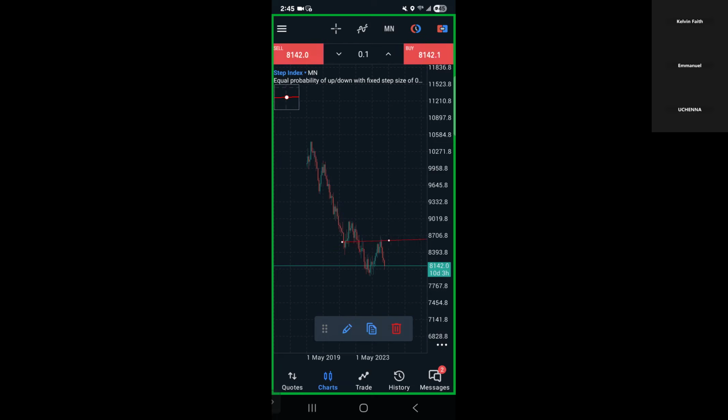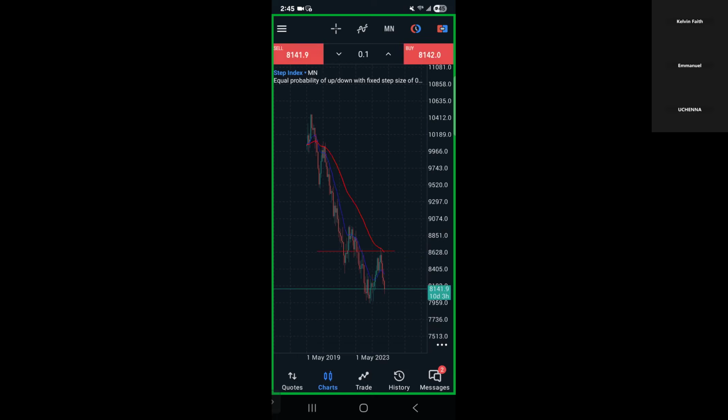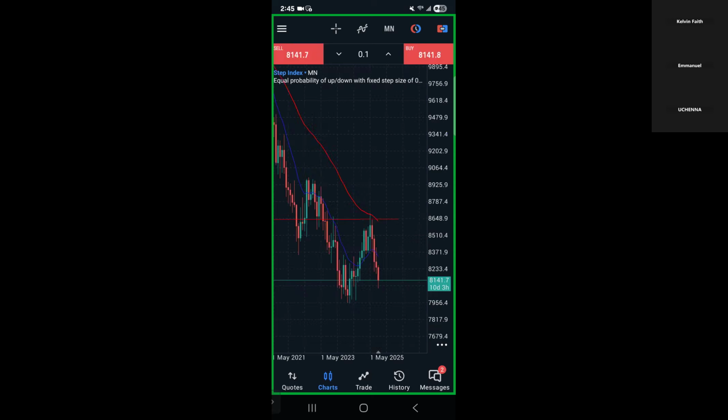When it got, can you see the red line? Yes, I'm seeing the line. Okay, good. So price made a low and then moved to the upside there, and then from there it started selling, and it's been selling up to now.